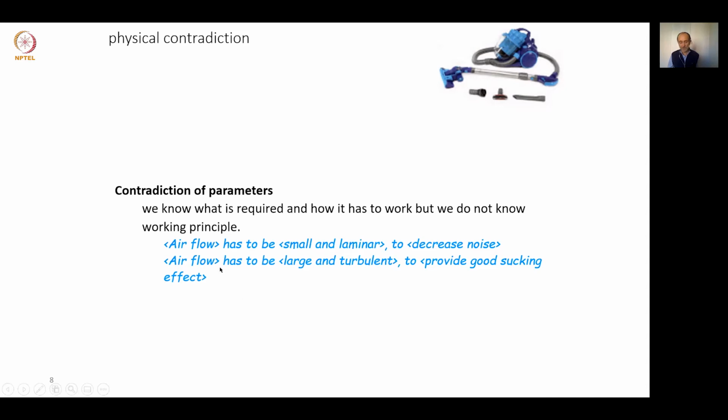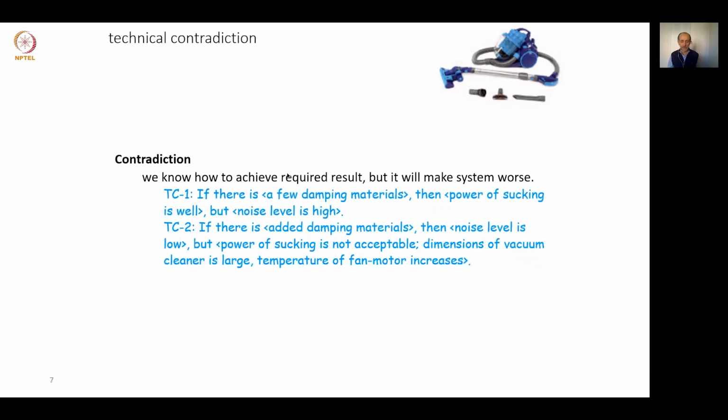If you are capable of resolving a physical contradiction, it produces a much more powerful solution than resolving a technical contradiction, which is a matter of optimization: let's add few damping materials, or add damping materials a different way, and optimize it with the power of sucking. In our case, in order to predict the future of technologies, we use a more generic representation of contradiction, which includes both the technical context and the physical context.